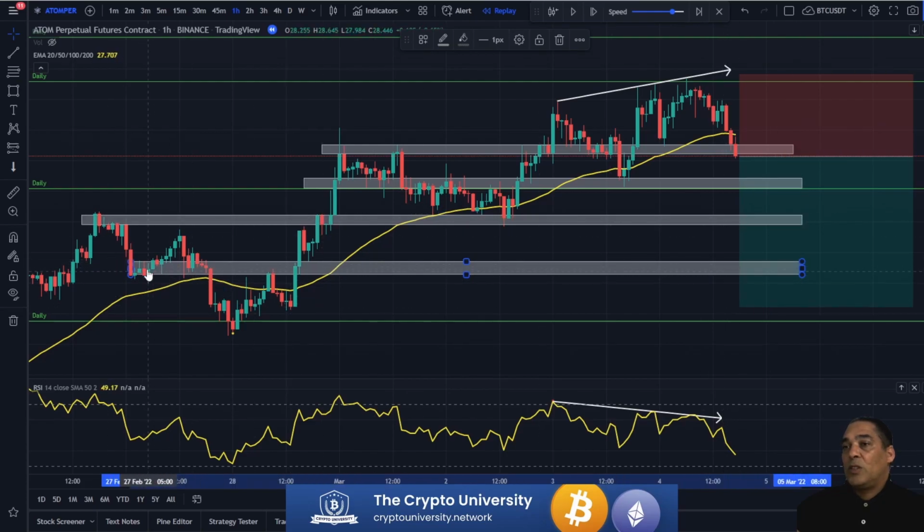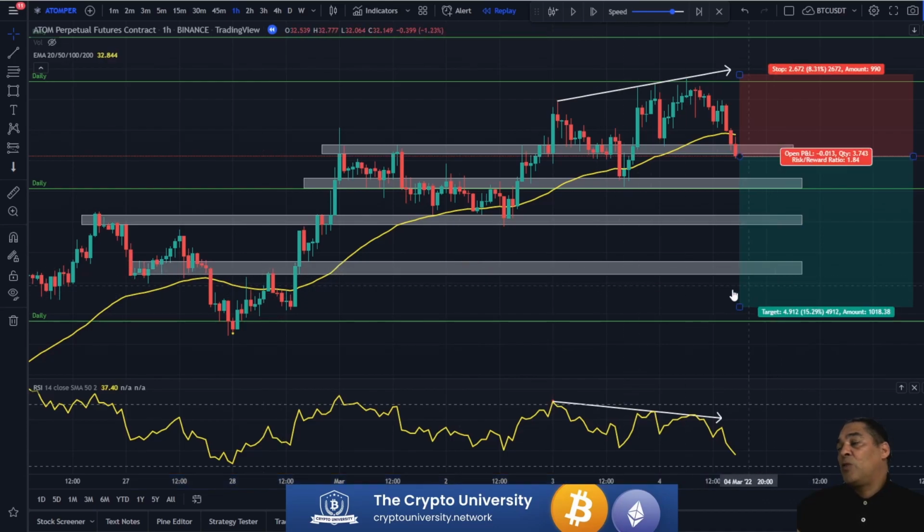Because we can see here that we got a bounce from this point. We got rejected here at that resistance, broke through our support, saw a bounce at our daily, continued to the upside, and then we saw a rejection from this resistance as well. So my take profits will be based on that.